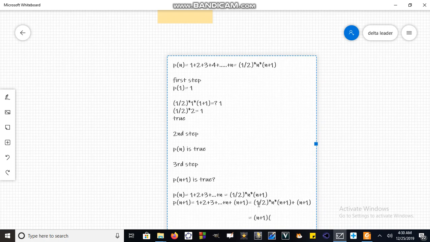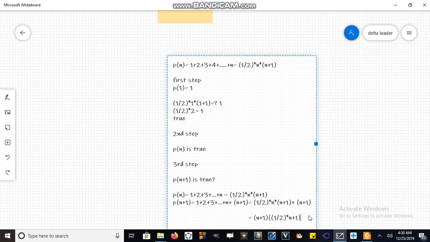We will have the half of n, and on this side 1 will remain, so this part will remain, plus the 1 which will remain here.